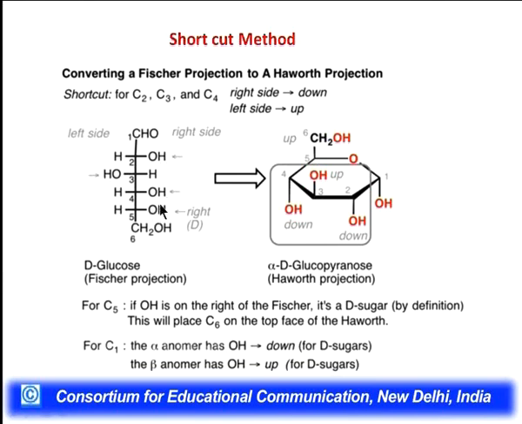From the fifth OH we get the O here, that is the pyranose oxygen, and this CH2OH will be attached to the fifth carbon facing upwards if it is the D sugar. If it was an L sugar, this would have come down. What we have shown here is the alpha isomer, since OH is facing downwards.